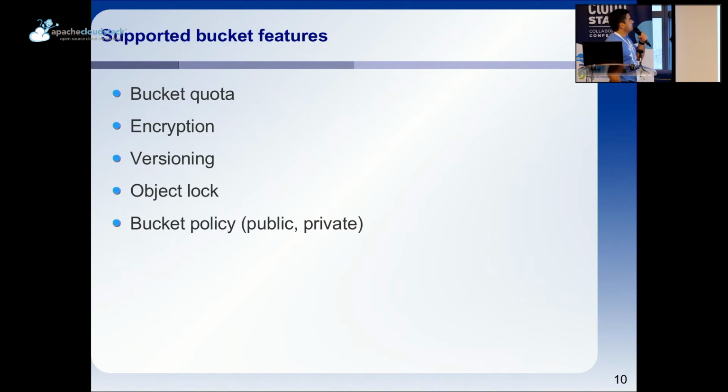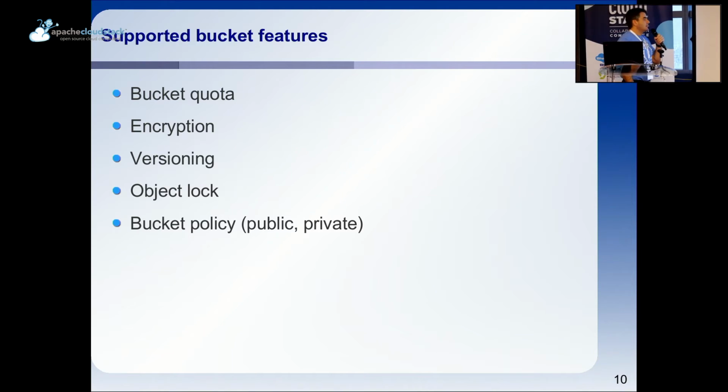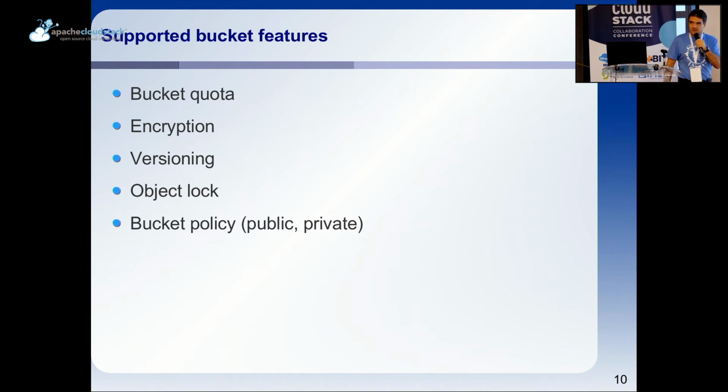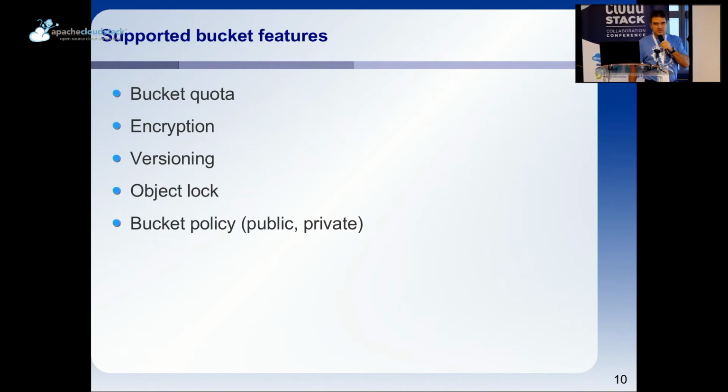The supported bucket features are the regular ones, so we can set a bucket quota. And it should be mentioned here that the bucket quota for MinIO in our current implementation is not really the best.